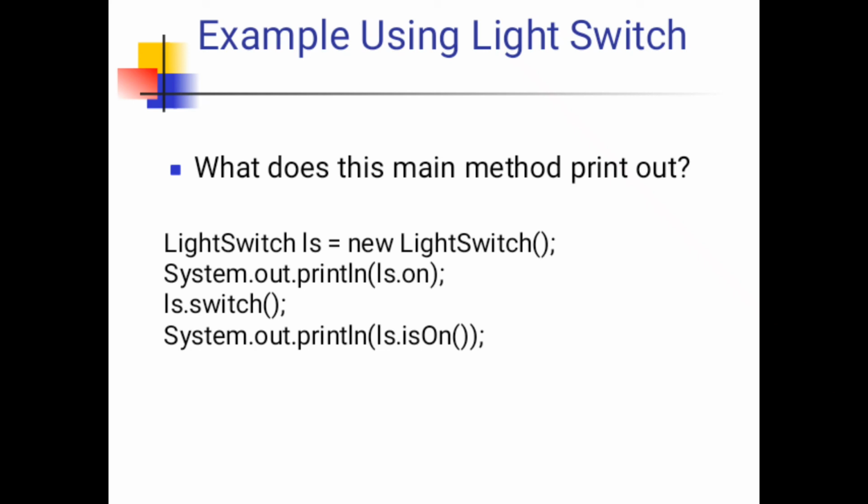Now the instance dot the method, to get the light switch. This is how you go about the main; this is going to be happening inside the main method. We have other methods, but this is going to happen inside the main method. Let's move to the next slide, and then this will print true and then false.